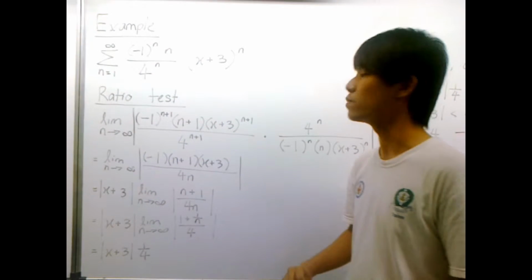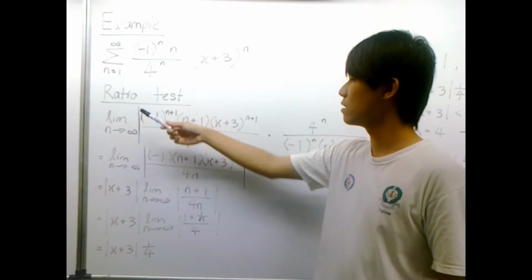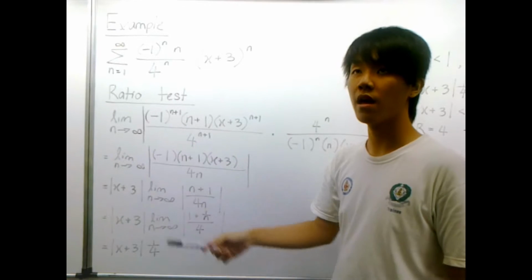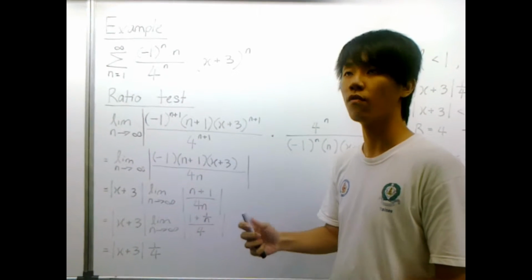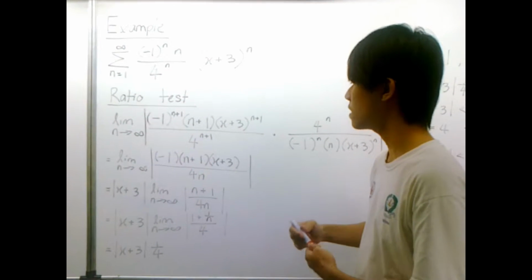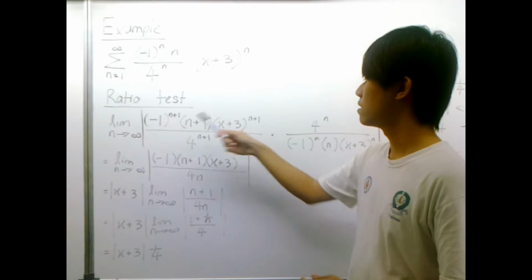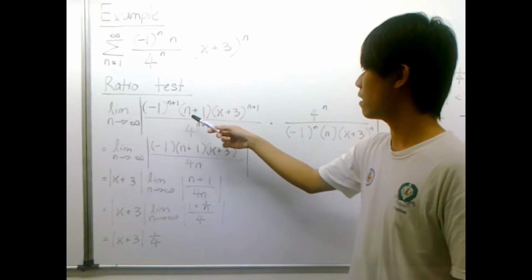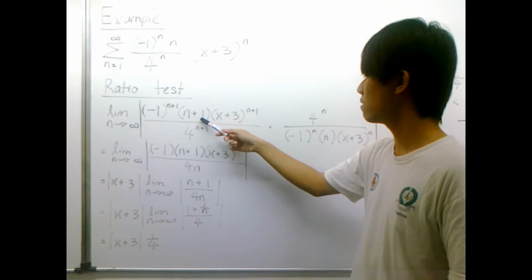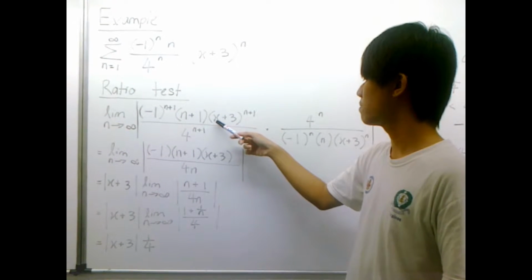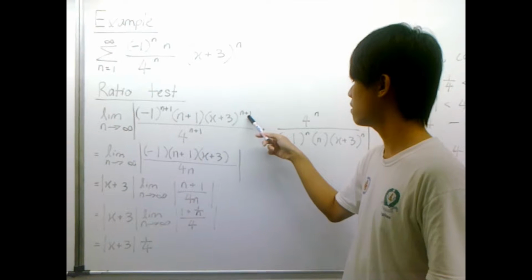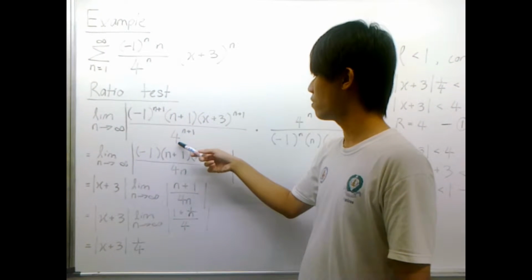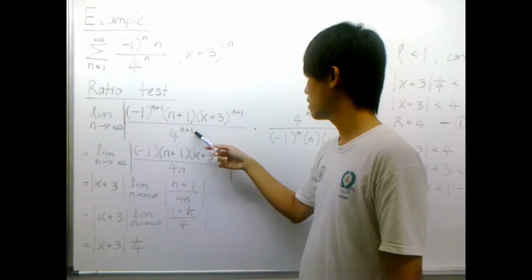For this series, first we'll apply the ratio test, which is the limit as n approaches infinity of a_(n+1) over a_n, which is (negative 1) to the power of n plus 1 times n plus 1 times (x plus 3) to the power of n plus 1 over 4 to the power of n plus 1.